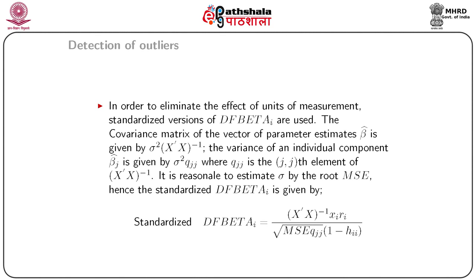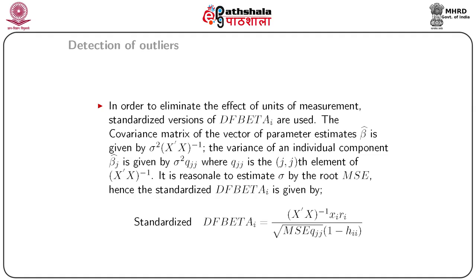Standardized DFBETAS is another measure that is more commonly used than simple DFBETAS. In order to eliminate the effect of units of measurement, standardized versions of DFBETAS are used. The covariance matrix of the vector of parameter estimates beta hat is given by sigma squared (X prime X) inverse.